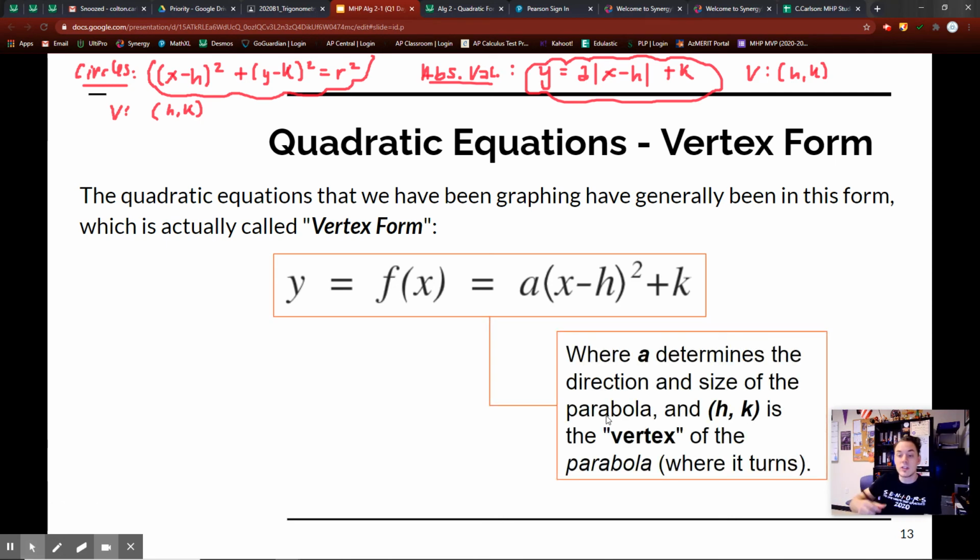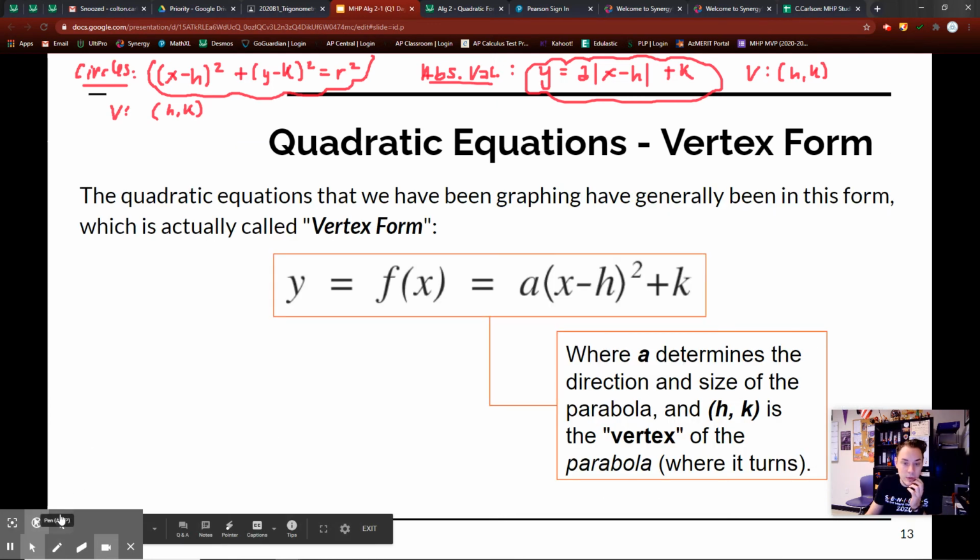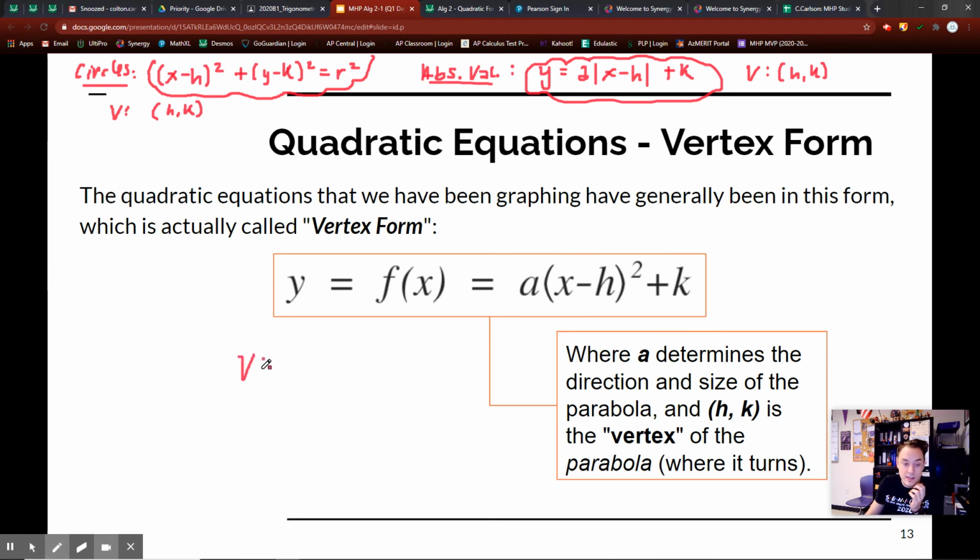A determines the direction and the size of the parabola of the graph, where hk is the vertex of the parabola, where it turns. All right, so that's vitally important. I will be writing this commonly, so my vertex, I'll be doing that often, and that is hk.